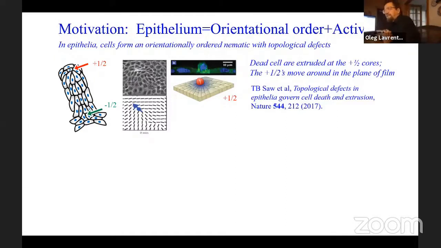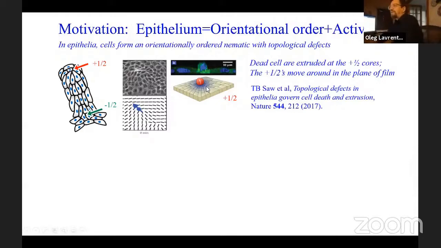So it's not just that the cells form a nematic liquid crystal, it's also that the topological defects formed in the tissue play a very important physiological role.